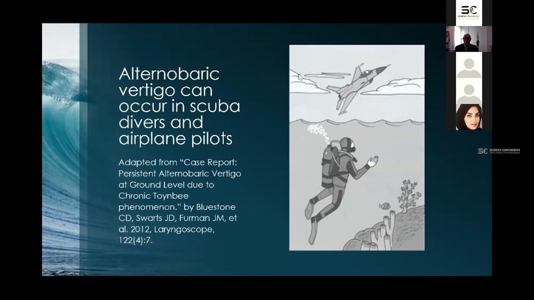In both instances, ABV is a result of asymmetrical middle ear pressures. Importantly, though, this diagnosis can also be applied to cases at ground level. No matter how minute the difference in pressure is, ABV is more common in individuals with pre-existing narrow tubal lumens.